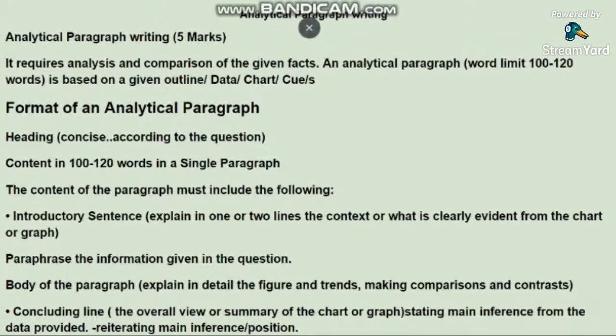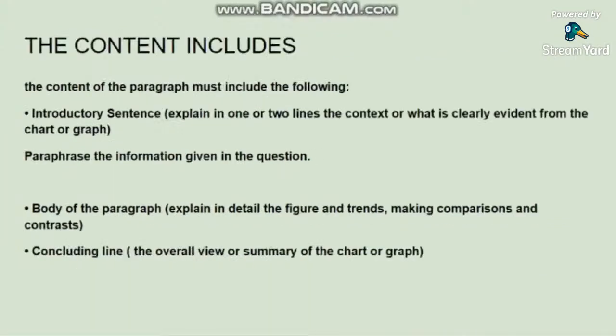Now here you followed that the format of an analytical paragraph needs a heading, and the heading you can frame it from the question itself. The content has to be 100 to 120 words and should have a topic sentence, the introductory sentence, then body about the comparison and contrast, and then finally a concluding line. After the heading you can leave a line, but see, the content forms a single paragraph.